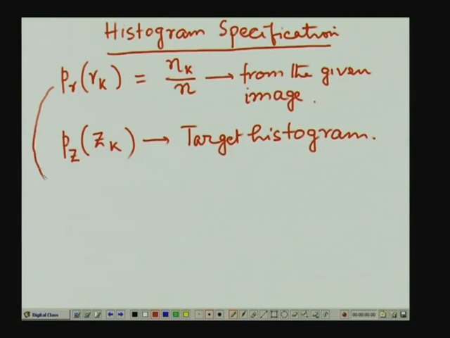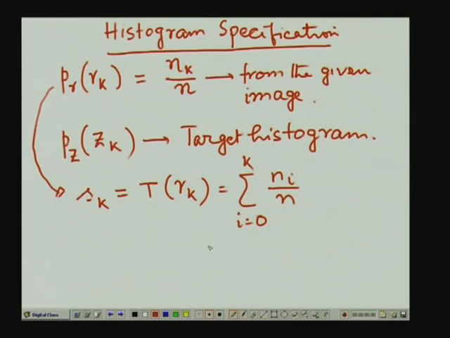Firstly, using p_r(r_k), you find the transformation function corresponding to equalization, which as we have seen earlier is given by s_k = T(r_k), which is the sum of n_i by n, where i varies from 0 to k, which is obviously equal to the sum of p_r(r_i) for i from 0 to k. This is the transformation function computed from the histogram p_r(r_k), which is obtained from the given image.